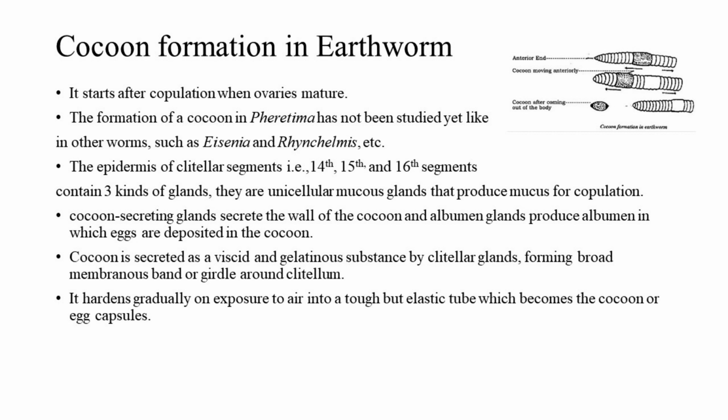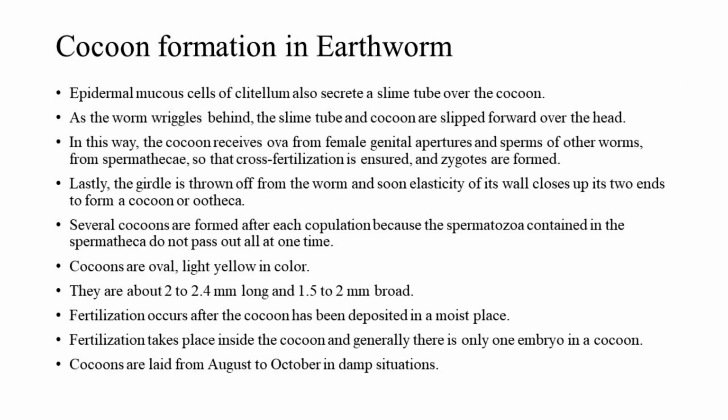cocoon. Cocoon is secreted as a viscid and gelatinous substance by clitellar glands, forming a broad membranous band or girdle around the clitellum. It hardens gradually on exposure to air into a tough but elastic tube, which becomes the cocoon or egg capsule. Epidermal mucus cells of the clitellum also secrete a slime tube over the cocoon.